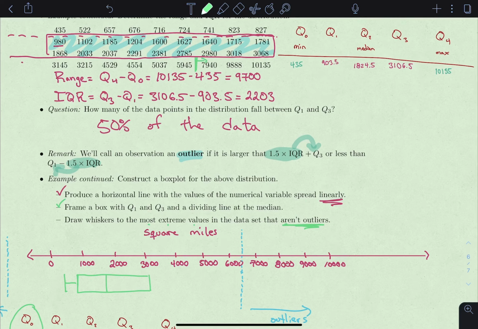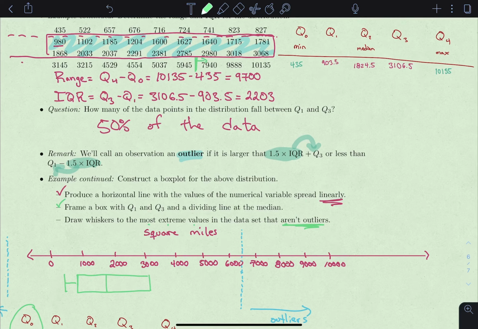And then it's right to make note of the outliers. So there's one at 7,940, at 9,888, and again, oops, that's not where that is. 9,888 is much closer to 10,000, and another one that's just over 10,000. And that is our box plot.